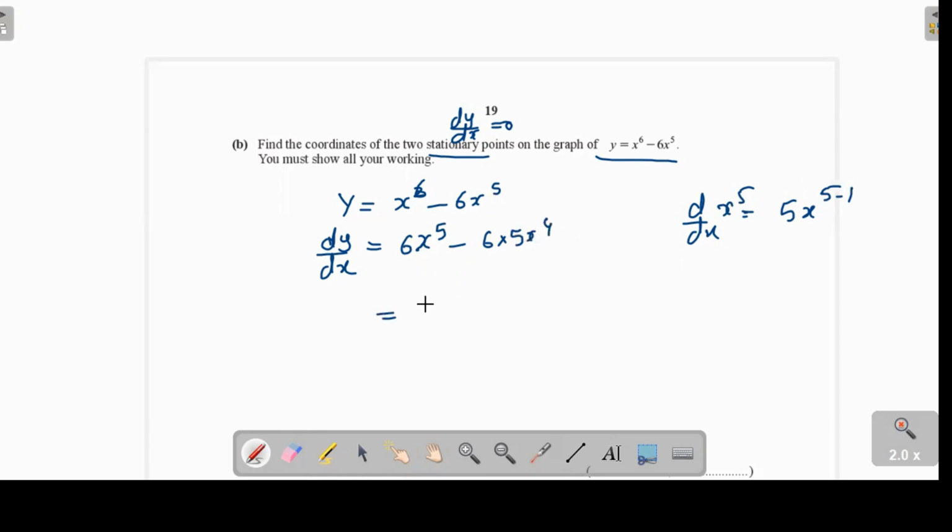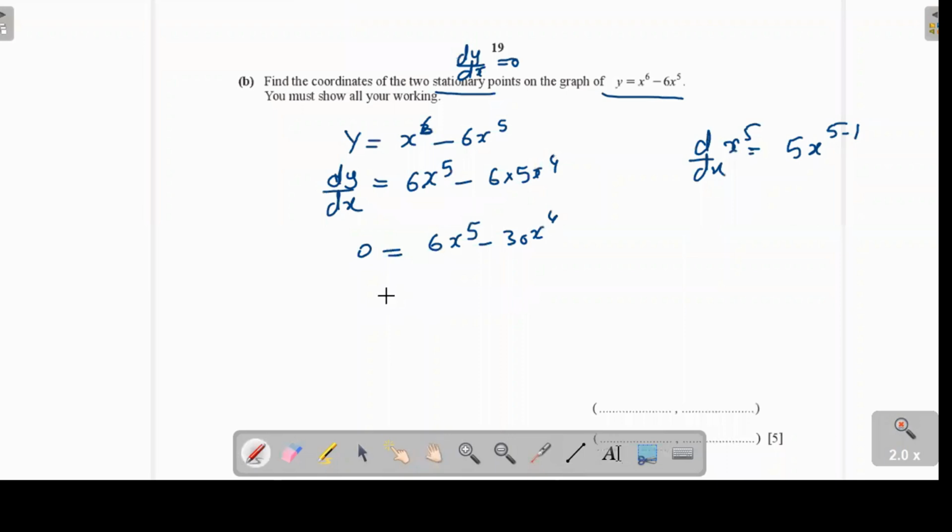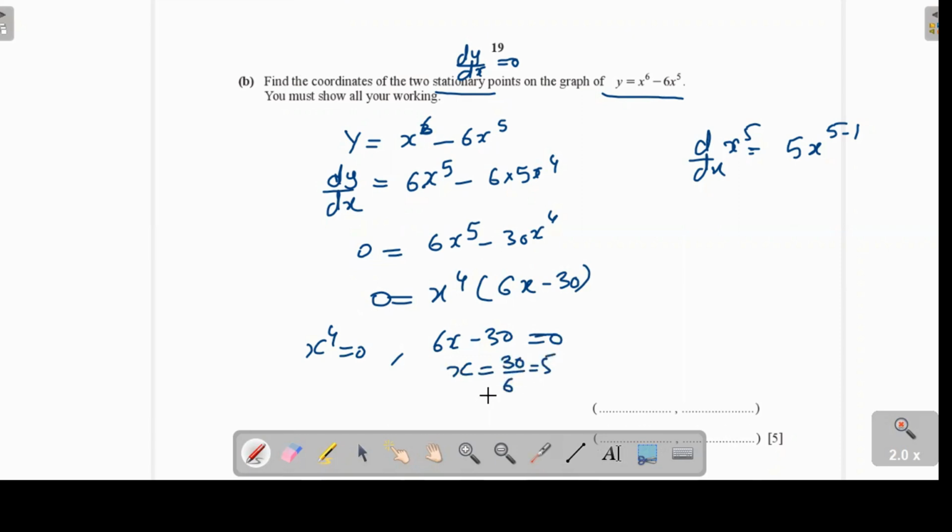That is equal to 6x^5 minus 30x^4, that is equal to 0. Now we take the common x^4 out: x^4 times (6x minus 30) equal to 0, therefore x^4 equal to 0 or 6x minus 30 equal to 0, that is x equal to 30 over 6, and that is equal to 5.